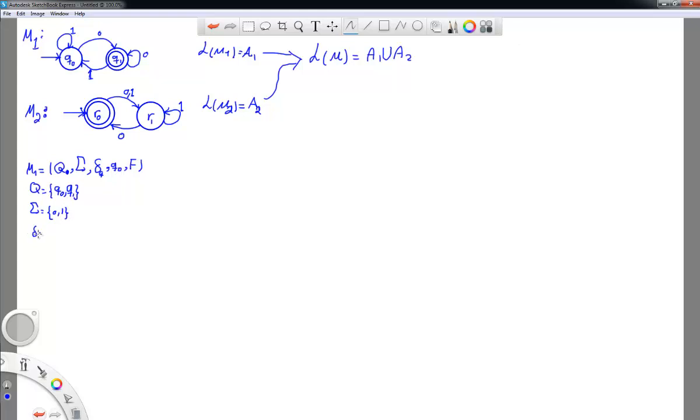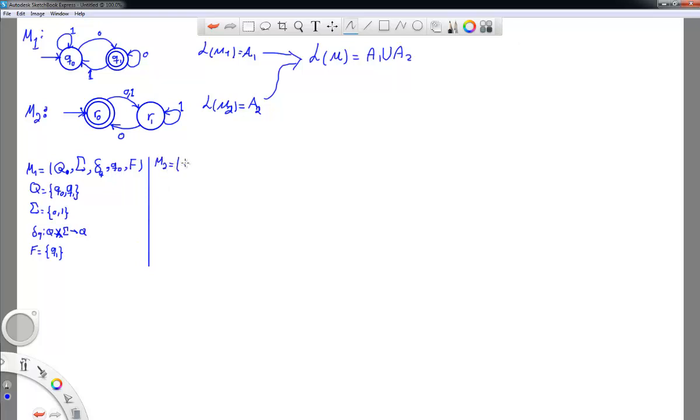The delta sub Q is a function from Q, Cartesian product with sigma, over to Q. And F is the set of my accept states, which is the set of Q sub 1. So that is my automaton M sub 1. Let's formally define automaton M sub 2.